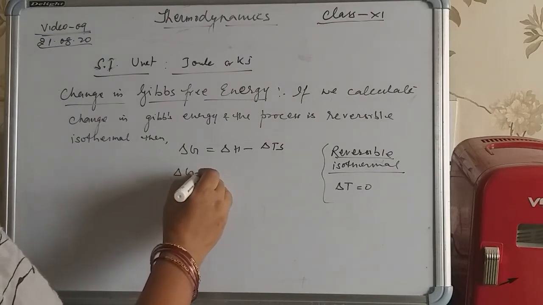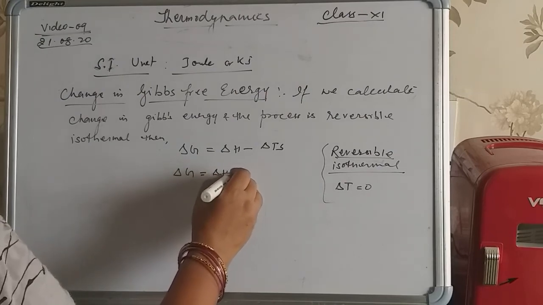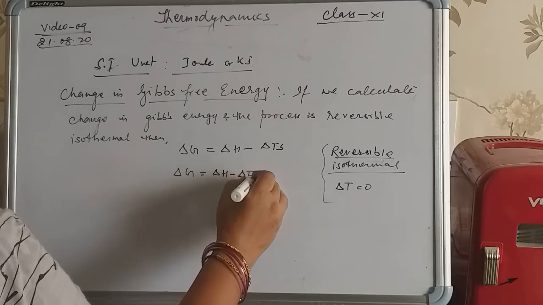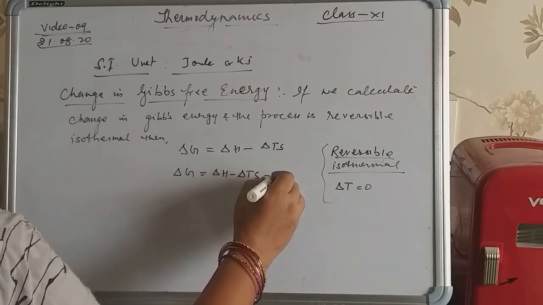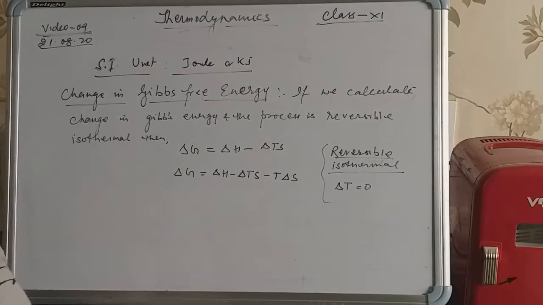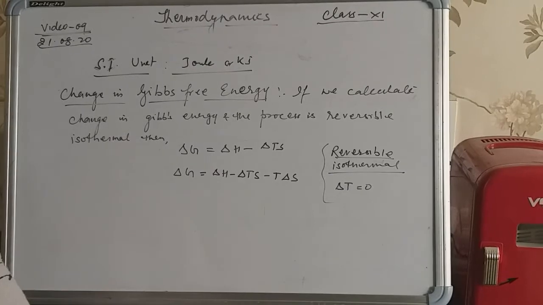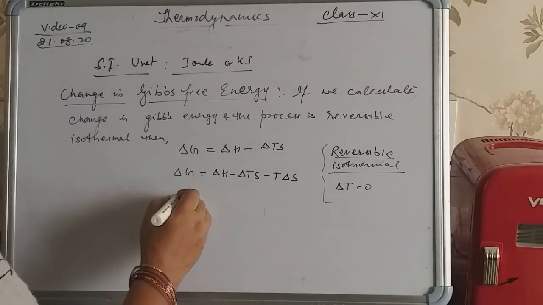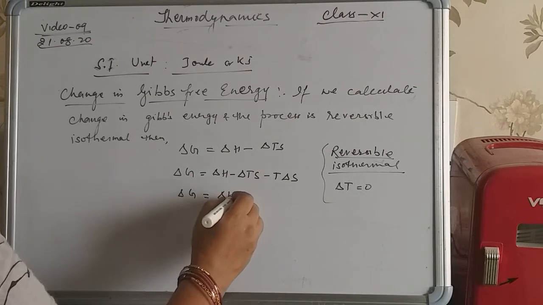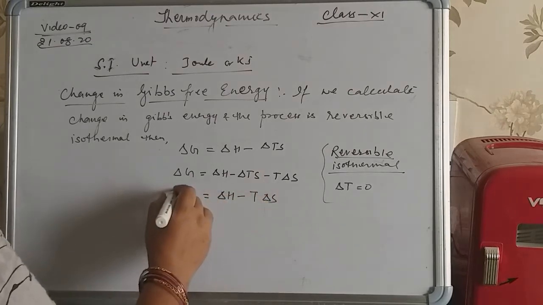Delta G equals delta H minus T delta S. As the temperature is constant, delta G equals change in enthalpy minus T times change in entropy.